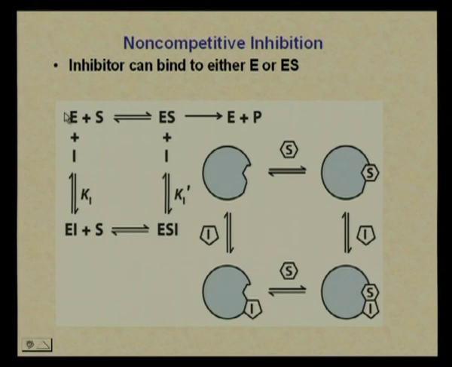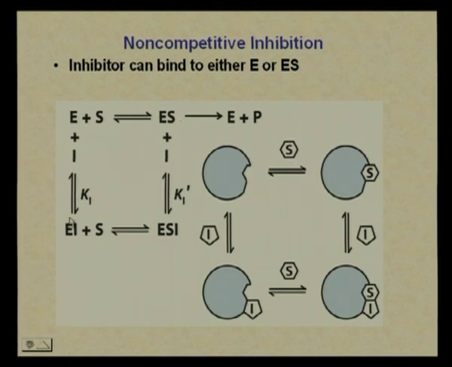Now what does this do? Basically, it affects the formation of the product. The inhibition of a reaction is going to affect the formation of the product. So, it is going to affect how the substrate is eventually going to the product, okay? Because you have to have the enzyme substrate complex that is going to dissociate to form the product.